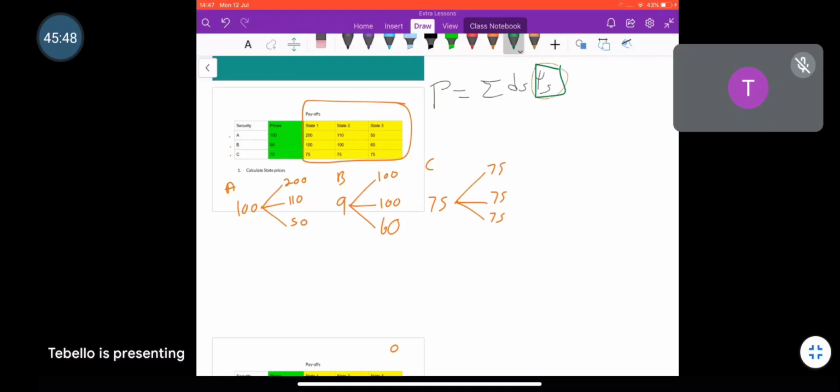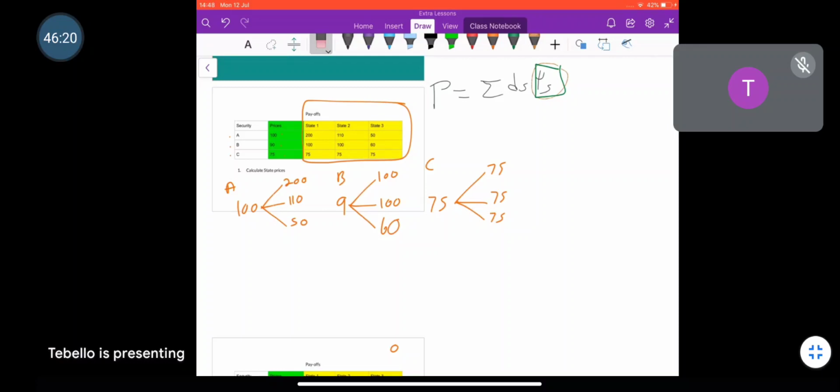Your answer will not be infinity, and you will not find a state which has 2 different state pricing.